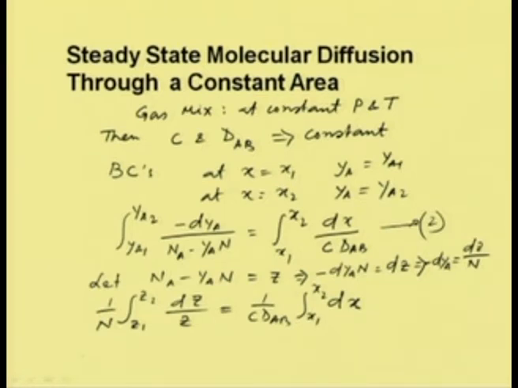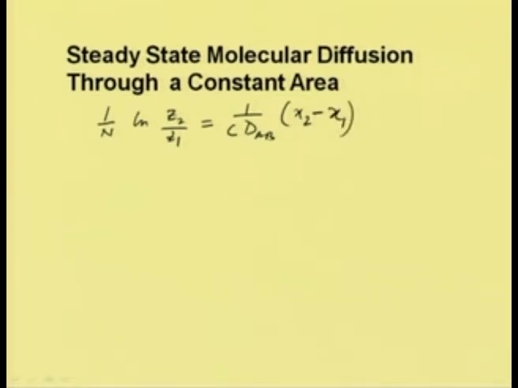So, now upon integration, we can write 1 by N ln z2 by z1 is equal to 1 by C DAB times x2 minus x1.